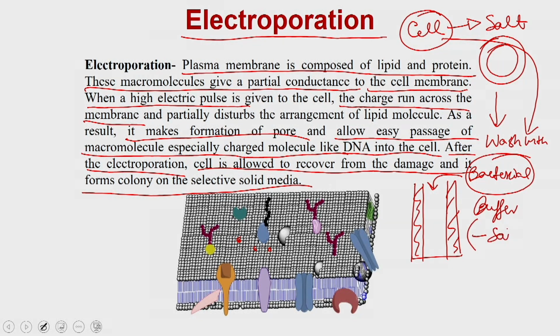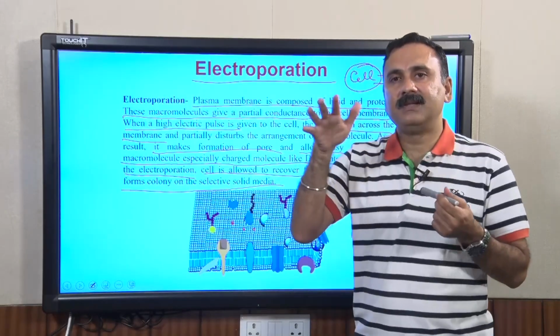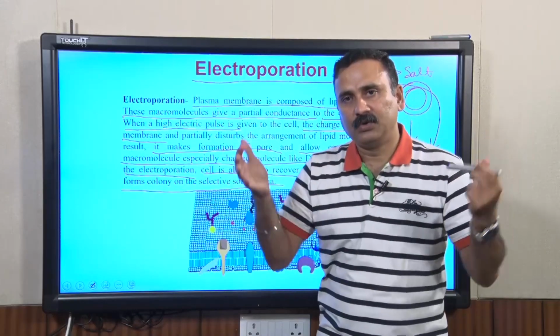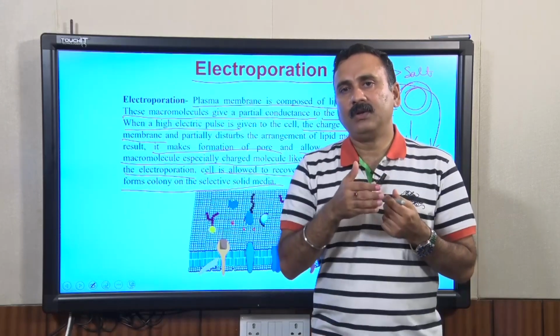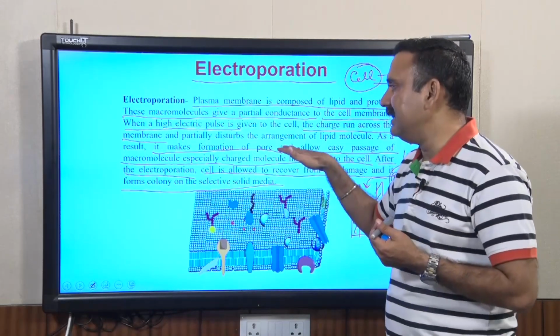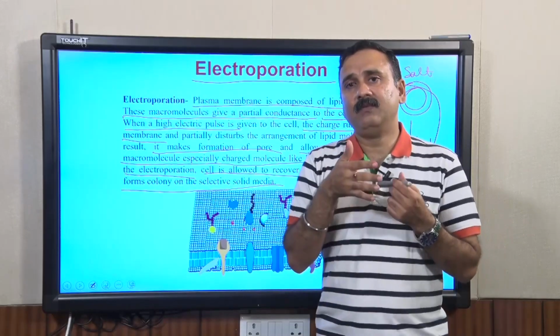That is the condition: you wash these E. coli or some bacterial cells with a buffer which does not contain salts, and by doing so you are removing the cationic as well as the anionic ions which are present on either the cell wall or the plasma membrane, so that these ions do not participate in the conductance of the electric field, because that is not what we want to disturb.